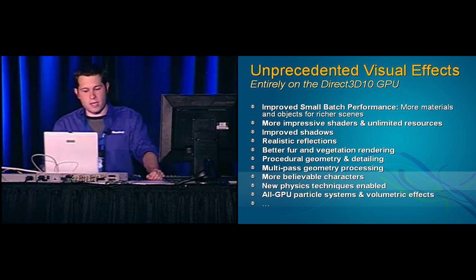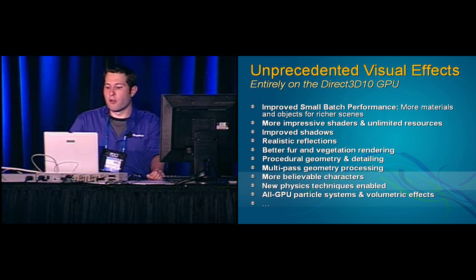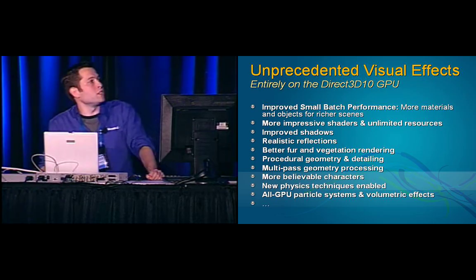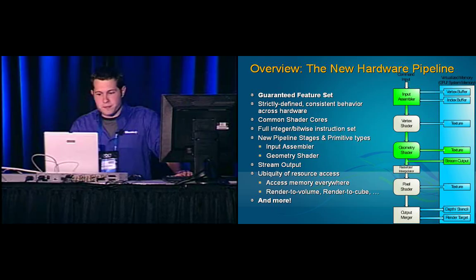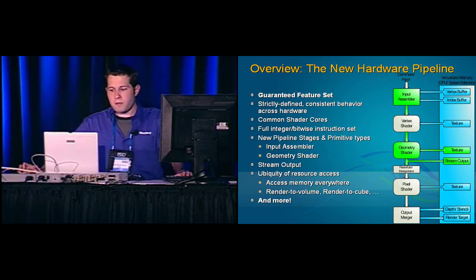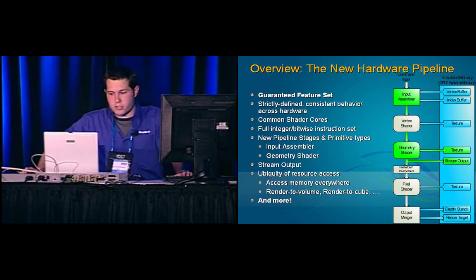But suffice it to say that in D3D 10, the GPU can do a lot more than just render pixels. It's a fully capable multi-pass geometry processing machine that can bind resources ubiquitously throughout the pipeline for both input and output. You've seen this about an hour ago. D3D 10 provides a single guaranteed feature set for developers to target, with all the features required.